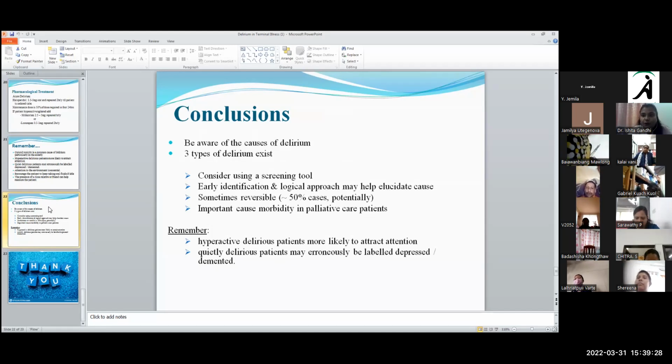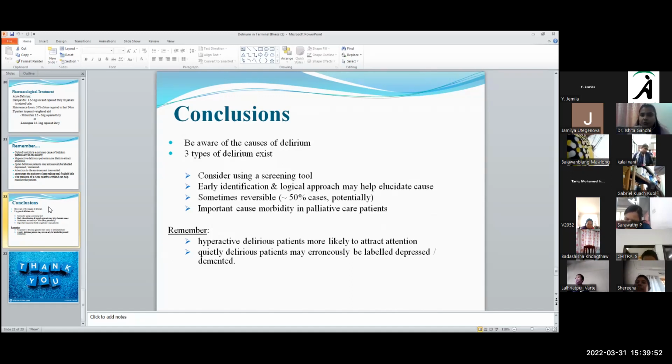We should always be attentive about the causes of delirium. If the patient has delirium because of constipation, relieve the constipation, the patient gets relieved, the delirium reverses. Or the patient has urinary retention, catheterize the patient, the delirium reverses on its own. The patient has infection, treat the infection, delirium reverses on its own.